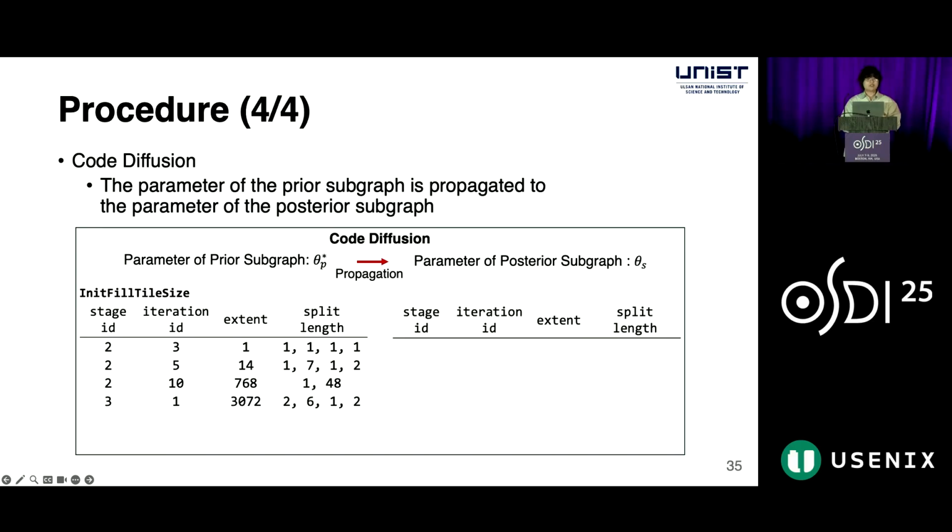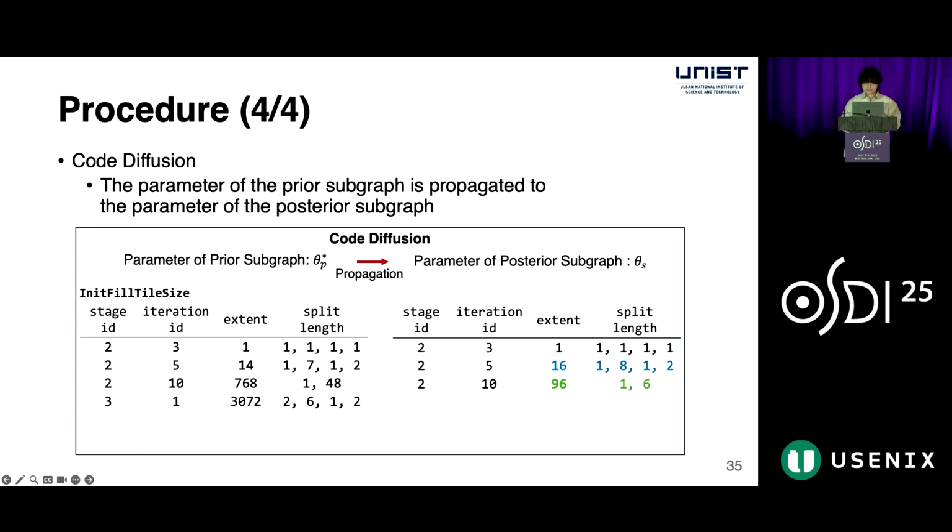The parameters can be adapted in the following ways. First, if the loop extent is the same, we can directly reuse the split length from the prior subgraph. Second, if the extents are different, we adjust the split length to match the new extent. We select the parameter candidate closest to the prior parameters.